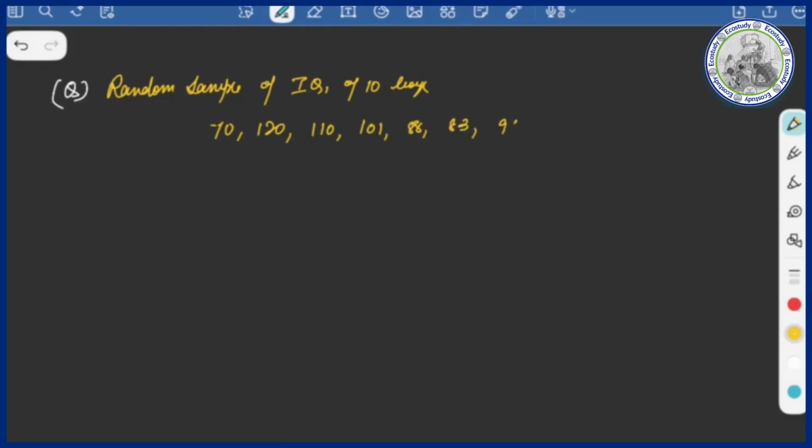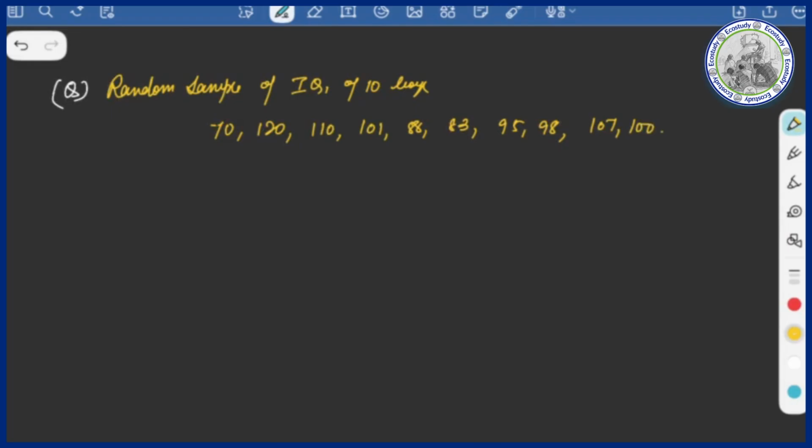Okay, a random sample of IQ of 10 boys is 70, 120, 110, 101, 88, 83, 95, 98, 107, 100.